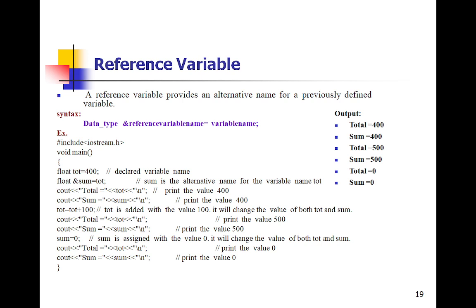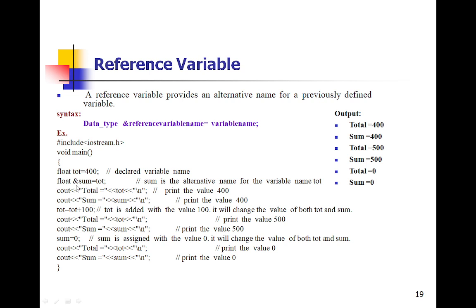Okay. So keep this point in your mind, and let us move on to the program. Here in this program, float total is equal to 400. We have declared the total value as 400. And then sum is the alternate name of the variable name TOT.